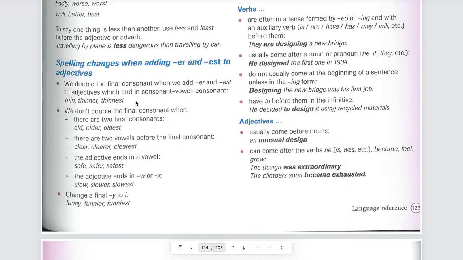So it will become thinner, double N. Got it? Or thinnest for superlative, double N as well. Please write this on your notebook.